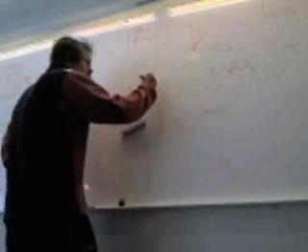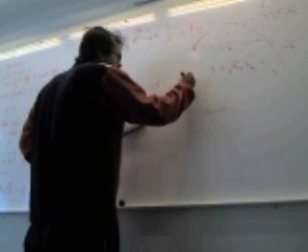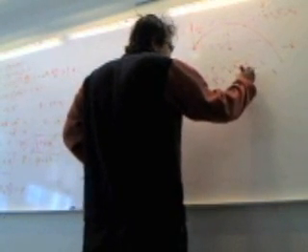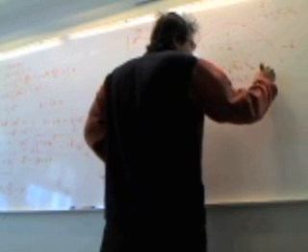For example, if I want to calculate C3, I will have something like Bx cube, and then Bx square By, Bx square By square, this is becoming nicely masochistic.